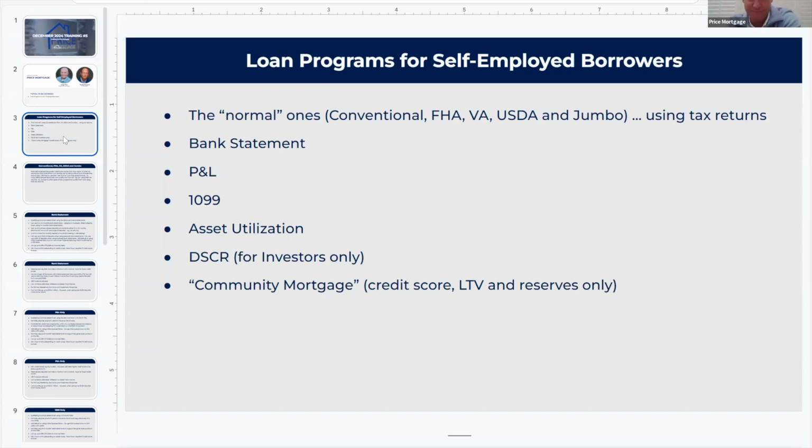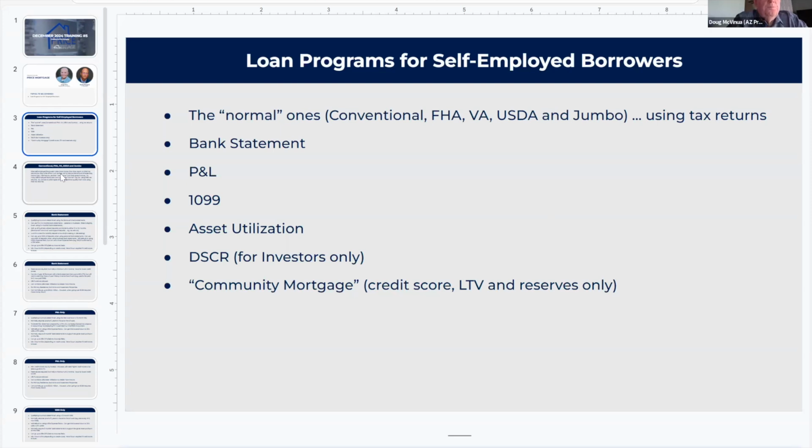There's bank statement, P&L, 1099. There's asset utilization. There's DSCR, which we talked about a month or two ago. And then there's another one called community mortgage, which really only focuses on credit score, LTV, and reserves.